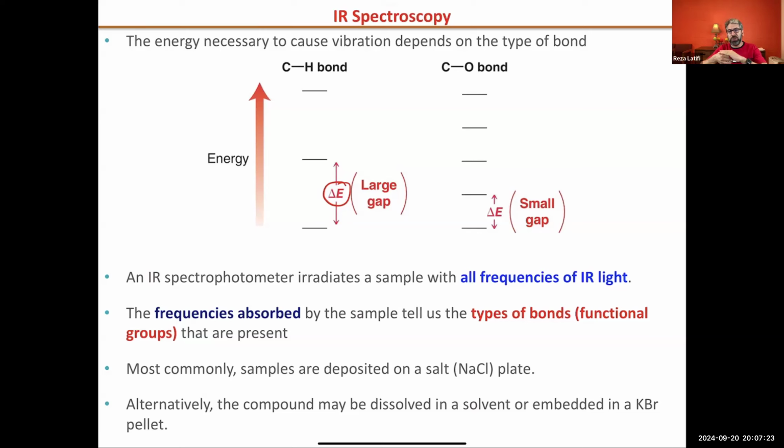Then we put the organic compound on it, and then we use the IR instrument to characterize the compound. Or you can dissolve it in a specific solvent, and that's not going to mess with our compound. It's simply dissolving it. That's one way to use the IR technique.